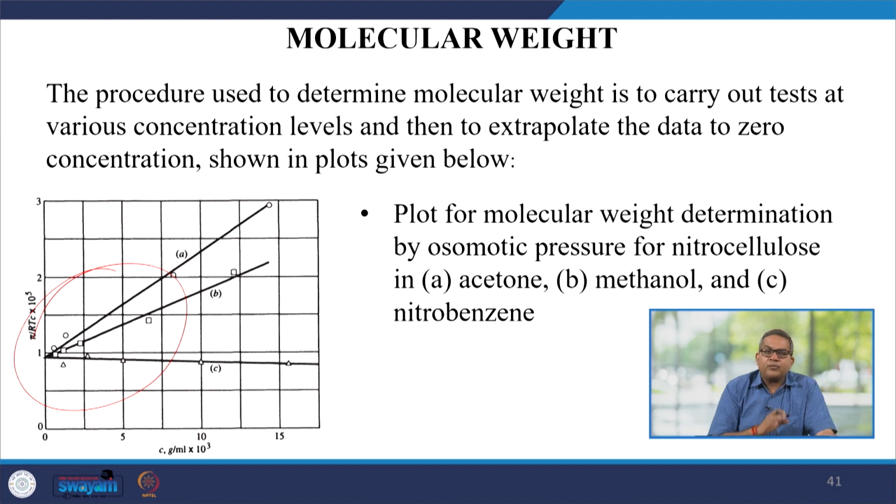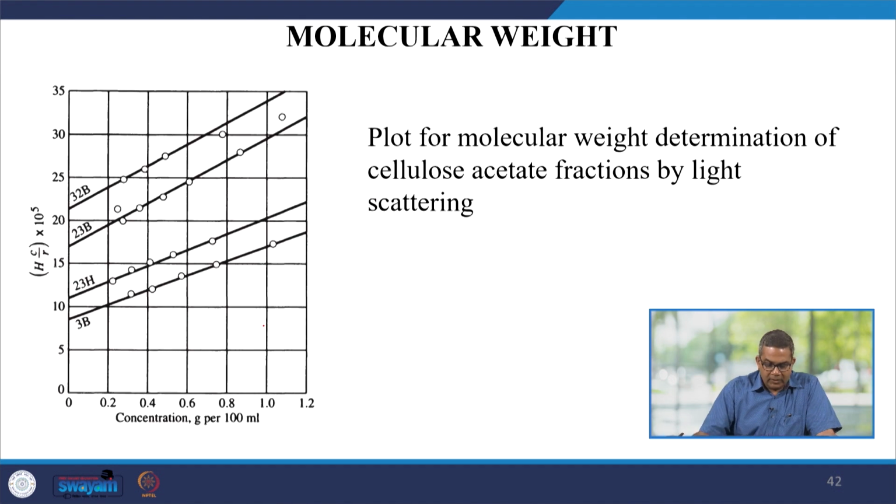Now this is the plot for the molecular weight determination by osmotic pressure for nitrocellulose in acetone, methanol and nitrobenzene. And this is the plot for the molecular weight determination of the cellulose acetate fraction by light scattering. Here you see the concentration.